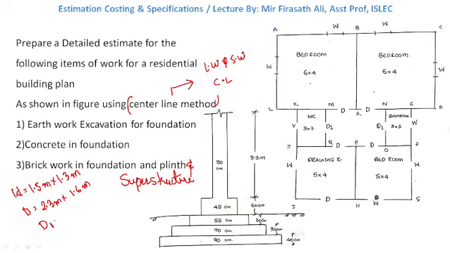D1 are the doors for bathroom, 2 meter into 1.3 meter; their width will be less compared to normal doors. And we have ventilators, 1 meter into 0.5 meters. These are the dimensions of windows, doors and ventilators.